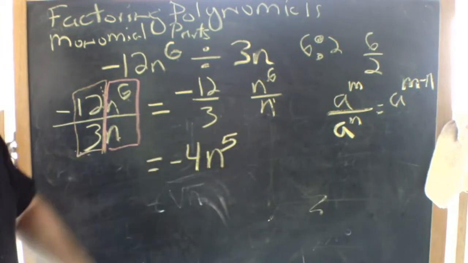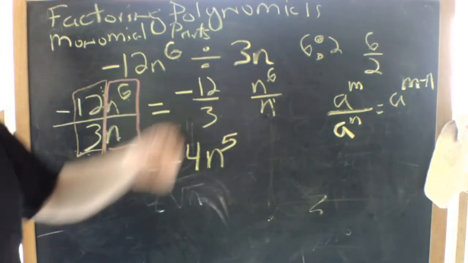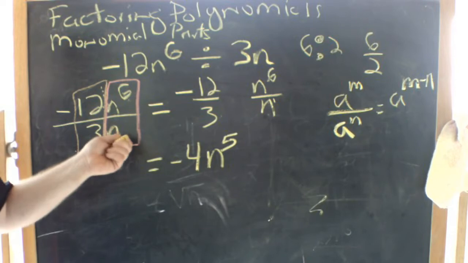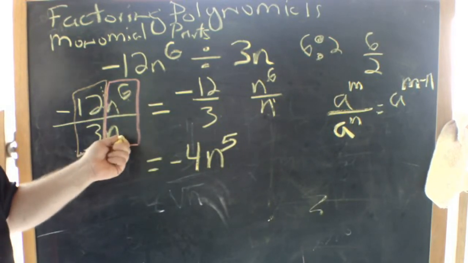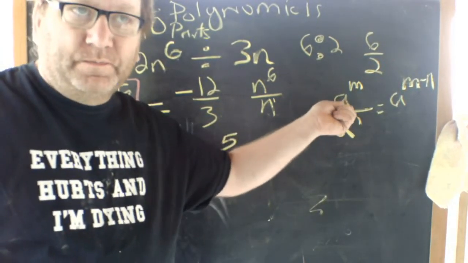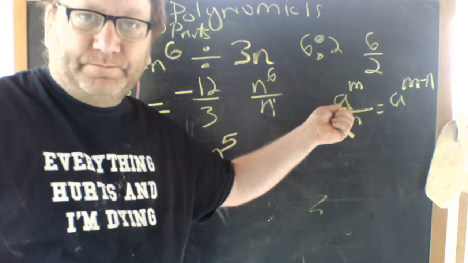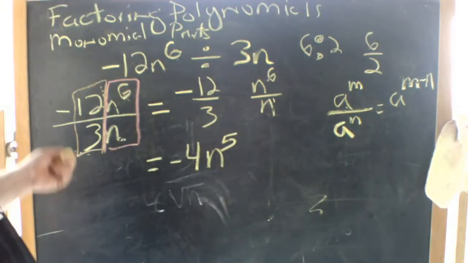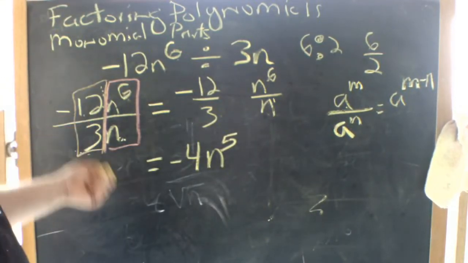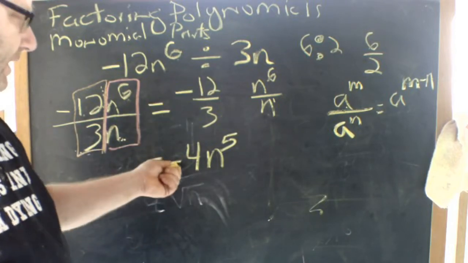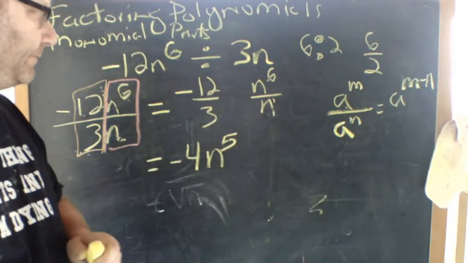And so we get n to the 5th. And so monomial division: line all the variables over each other and use this rule of division for exponents. Take the constants out front and treat them as a number. And so we get minus 4n to the 5th.